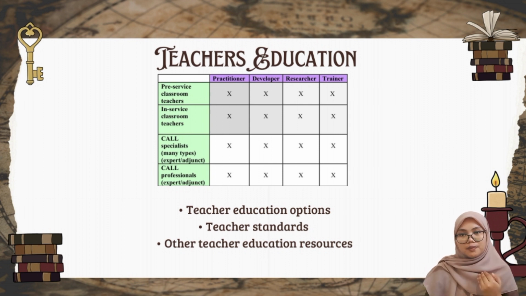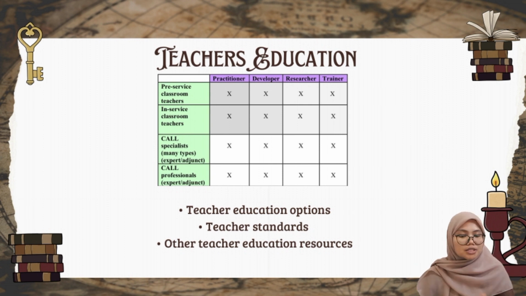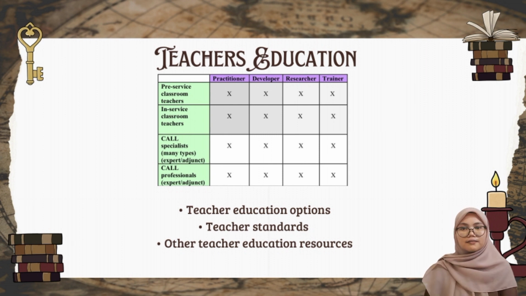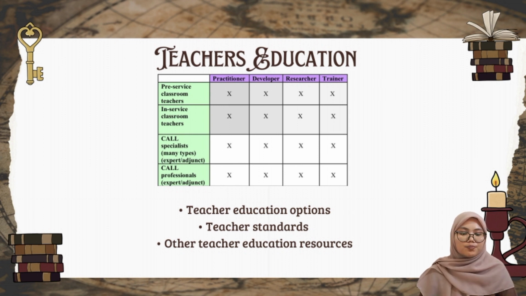Beyond formal programs, both CALICO and EUROCALL have special interest groups devoted to teacher education. The second is teacher standards. One way of improving especially the technical competence of teachers is through general proficiency training in this area, and this is also true of learners. And the last is other teacher education resources.